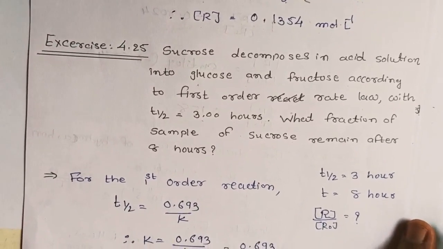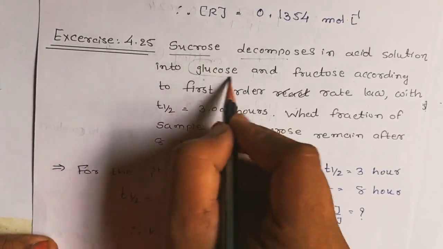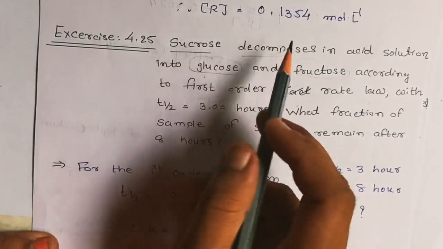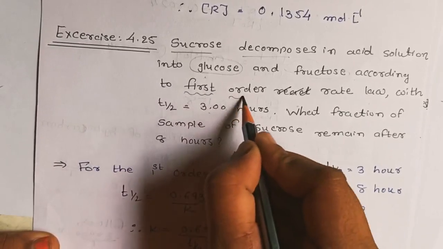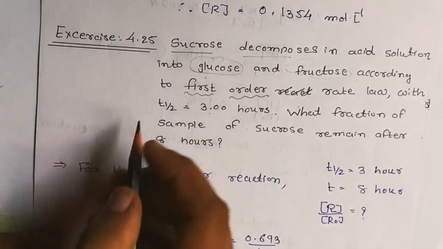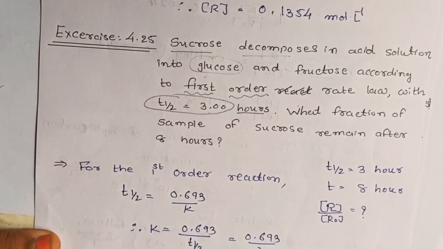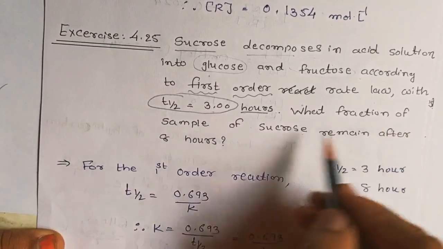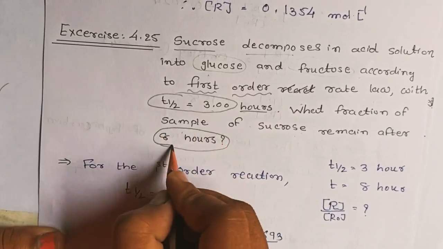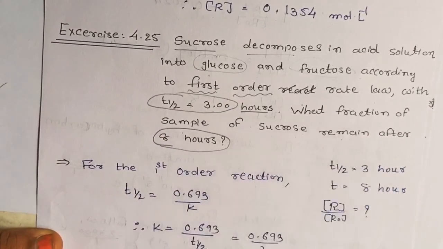The decomposition of sucrose, converting into glucose and fructose, is a first order reaction, and the half life for this reaction is given: T half is equal to 3 hours. We have to find the fraction of the sucrose sample remaining after 8 hours.